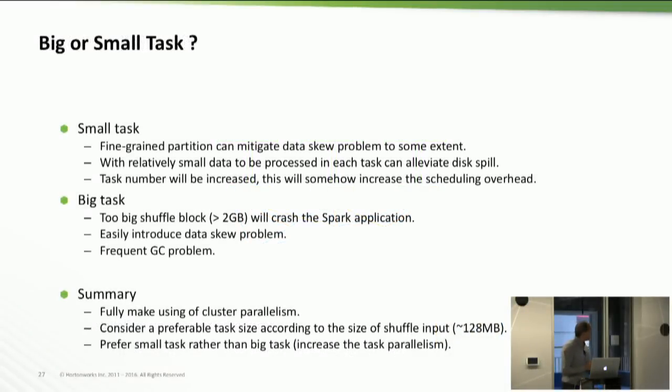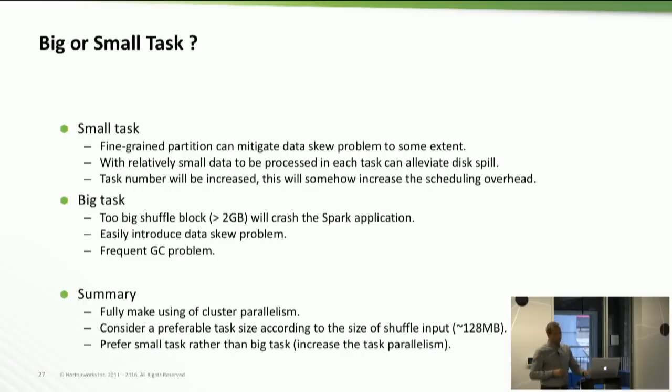Because Spark is really efficient in farming out new tasks and scheduling those things, you should try to have as many tasks as possible. To take maximum advantage of the cluster, you should try to maximize the number of tasks.